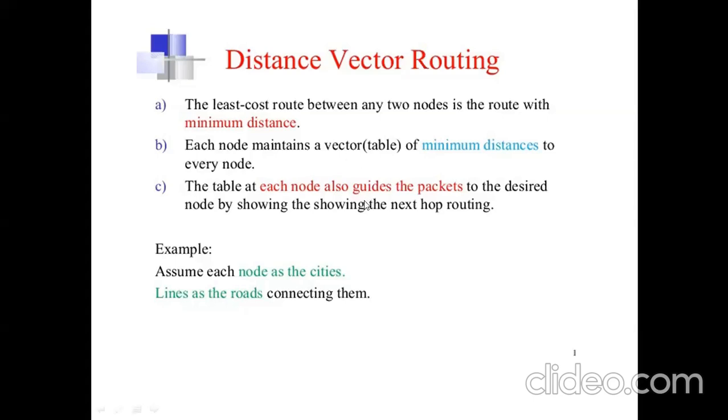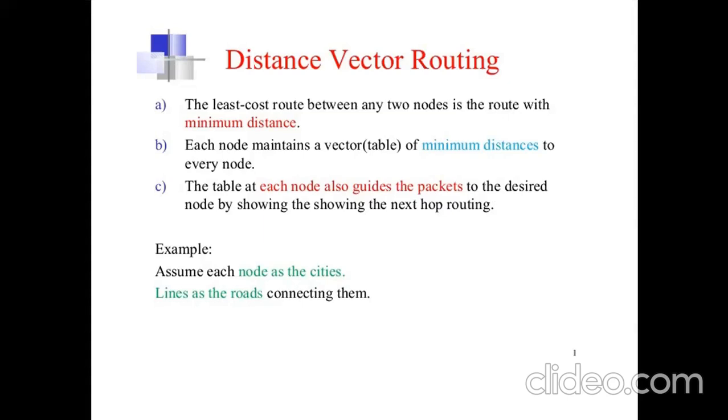The table at each node also guides the packets to the desired node by showing the next hop routing. Which route it is going to hop to next, we can easily identify with the help of that table, in which we can find the minimum or shortest distance from the source to the destination node.